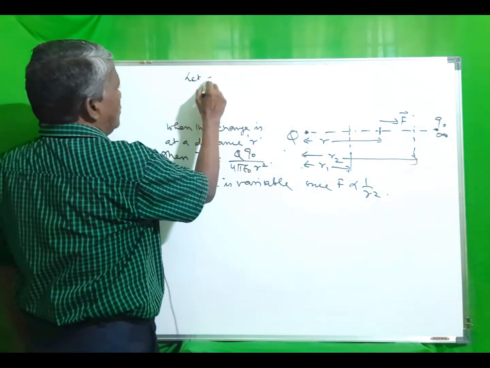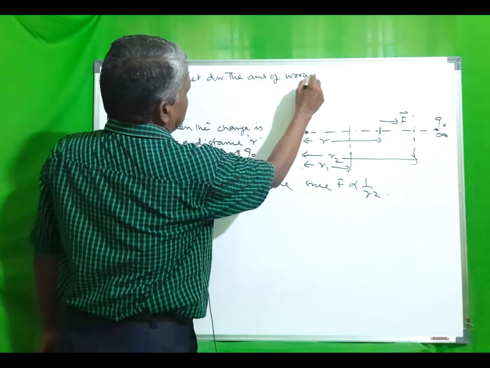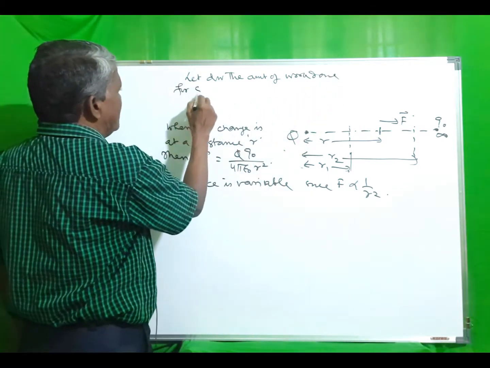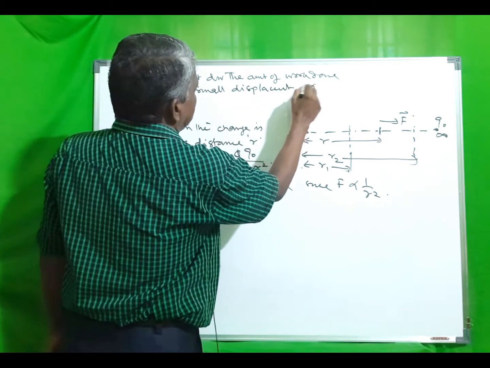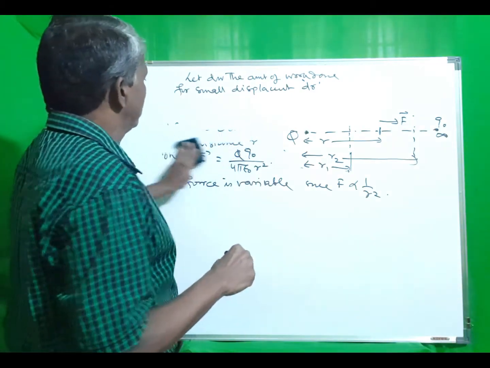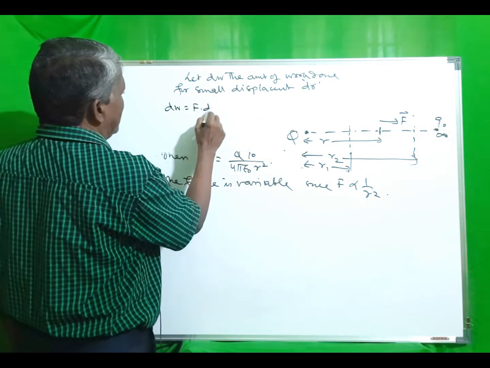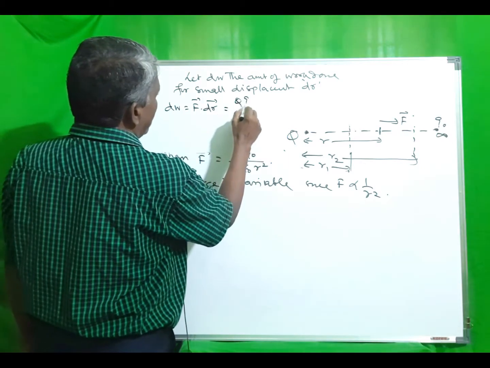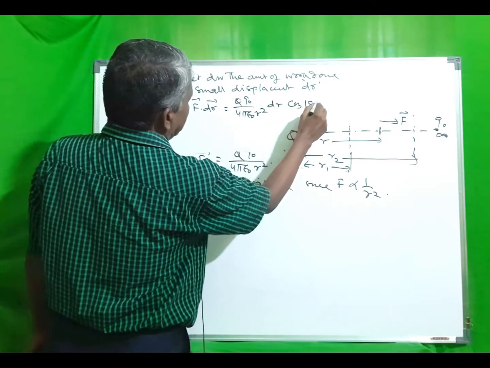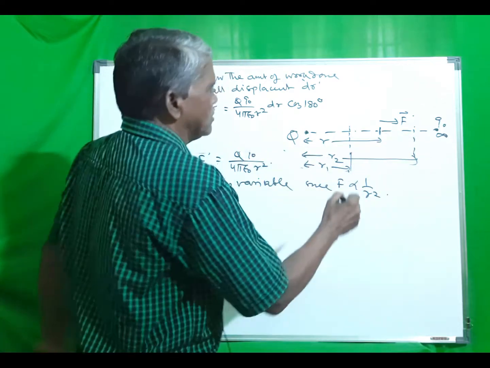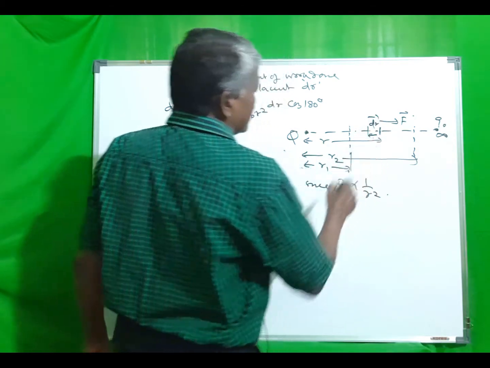Let dW be the amount of work done for a small displacement dr. Then dW is equal to F dot dr, that is Q q naught by 4 pi epsilon 0 r square dr cos 180, because here force is away and motion is towards.